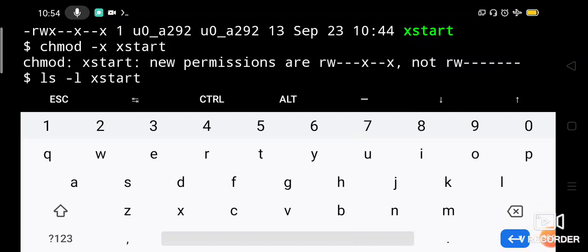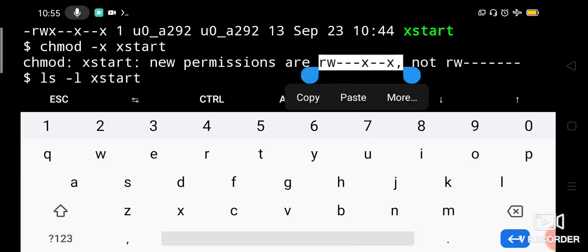Okay, here it is changing only the execution permission, removing only the execution permission of user, but not group and others. So why it is doing that, I will check and let you know. Okay, it says the new permissions are this one. It is removing only the execution permission of user, but not group and others.